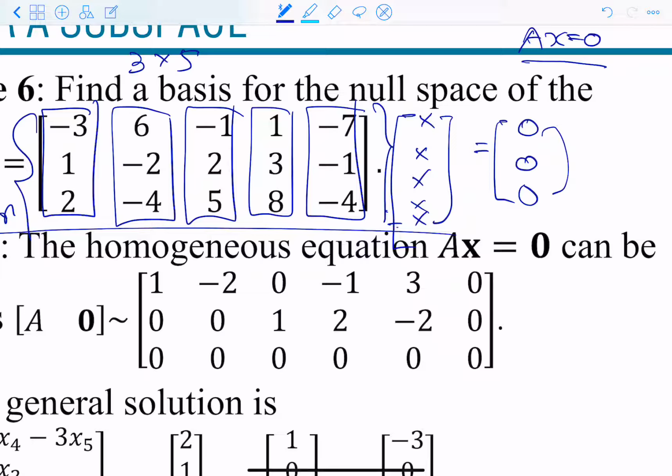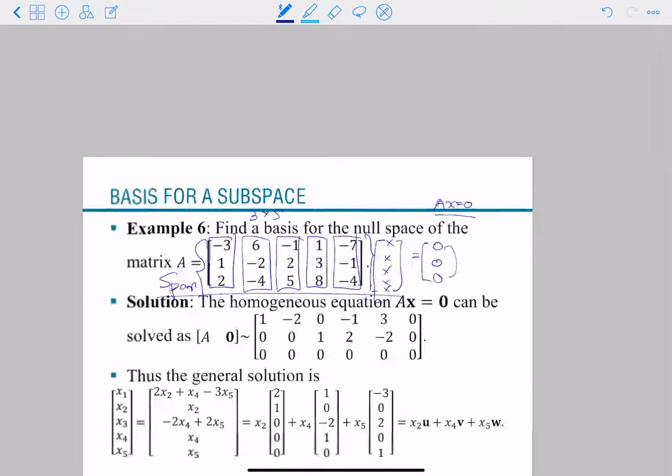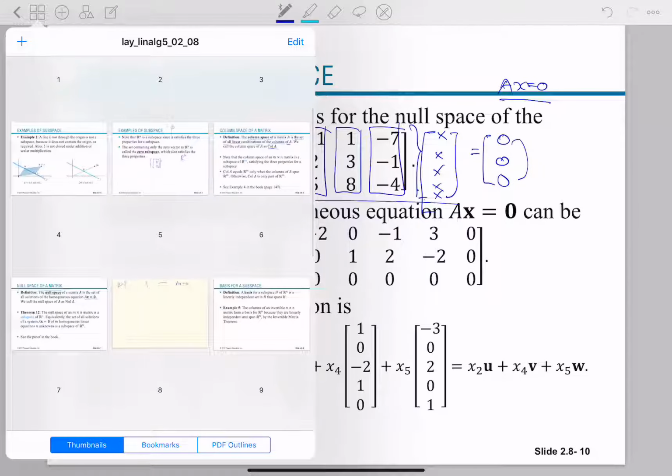So this is our homogeneous linear system for this example. The solution is a 5-dimensional vector, so the null space belongs to the entire 5-dimensional space because it is just a subset of the 5-dimensional vectors. That's one thing to note.